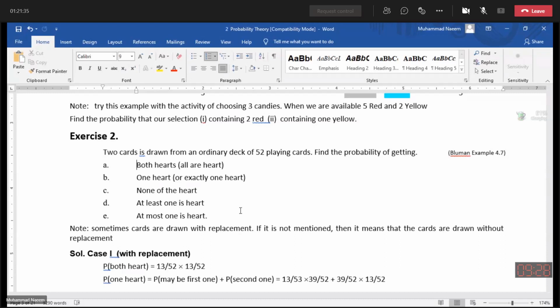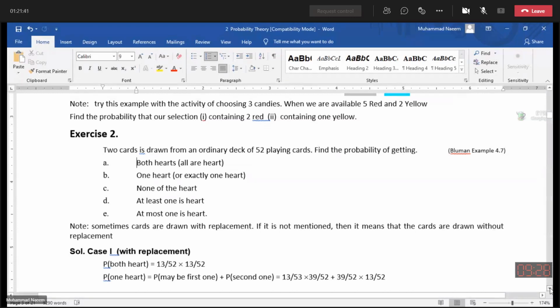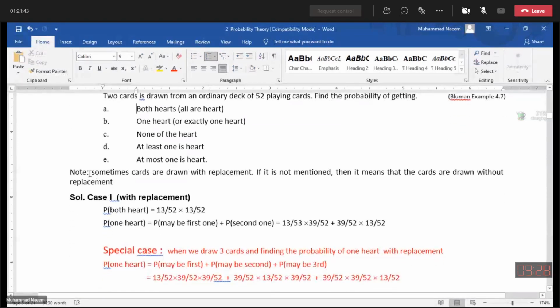Remember, when it is not mentioned, I have also placed a note here. Sometimes cards are drawn with replacement. If it is not mentioned, then it means that the cards are drawn without replacement.